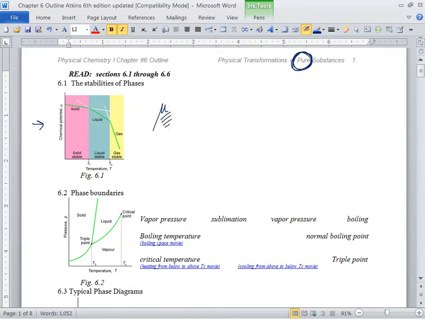What do we call mu? Chemical potential. And mu was really Gibbs energy, right? The molar Gibbs energy. So whatever state has the lowest chemical potential or molar Gibbs energy, that's the state that's going to exist at that pressure and temperature. Okay.